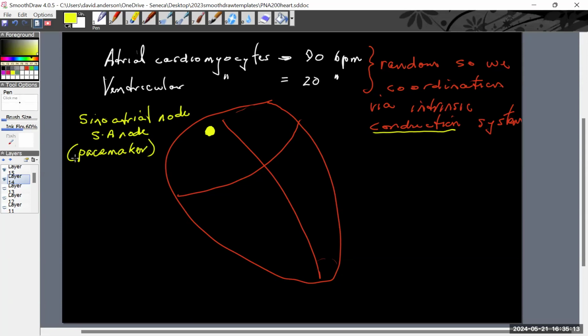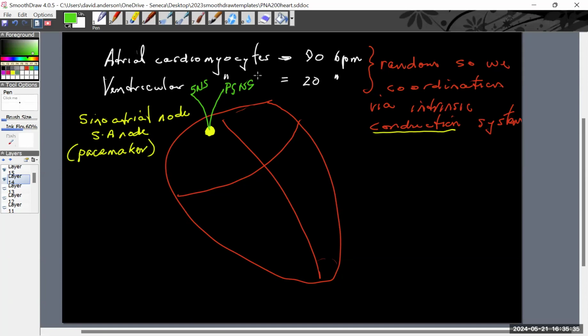So this is where it's all going to start. And it can start here because we're going to have innervation from the autonomic nervous system that initiates excitability in the SA node.